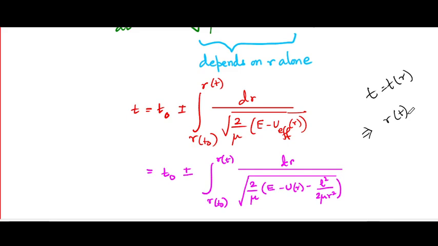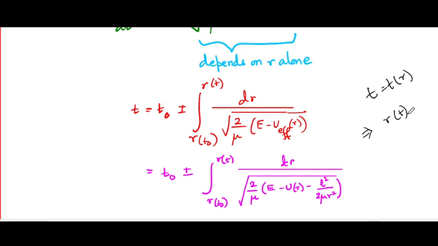Of course, experience with calculating integrals should have already told you that not all integrals are easy to calculate. Some of the integrals cannot even be ever written down in terms of simple functions, but that is really not the issue here. The issue here is that once you have this, you have a prescription to clearly figure out exactly how r of t is. If you can evaluate the integral in closed form in terms of known functions, well and good.